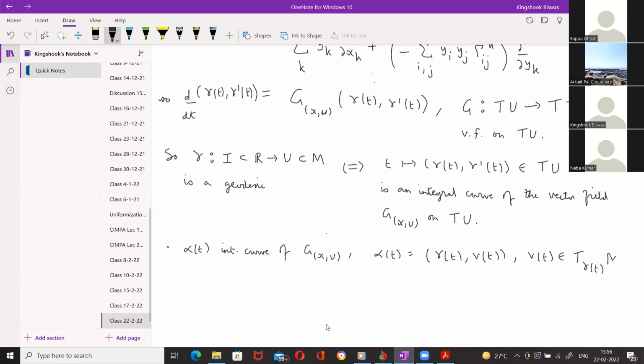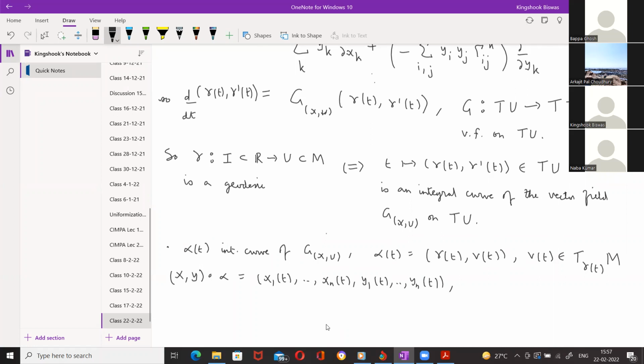Okay. And that is forced by alpha being an integral curve of G, because if I look at my coordinates, let's say (x,y) composed with alpha, this is equal to, say, (x^1(t), ..., x^n(t), y^1(t), ..., y^n(t)), where what are y^1(t) to y^n(t)?